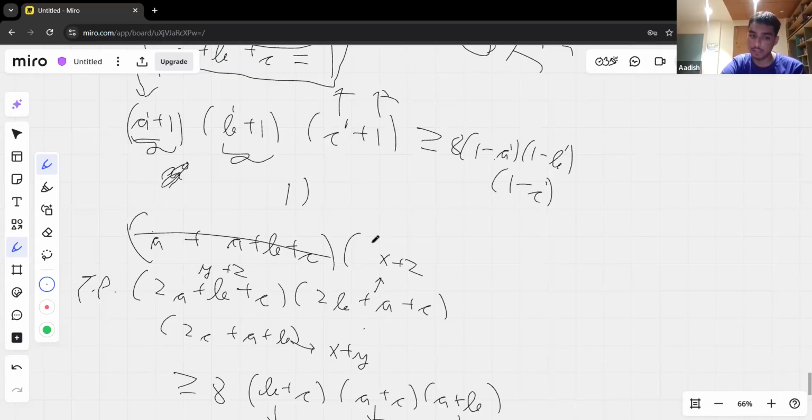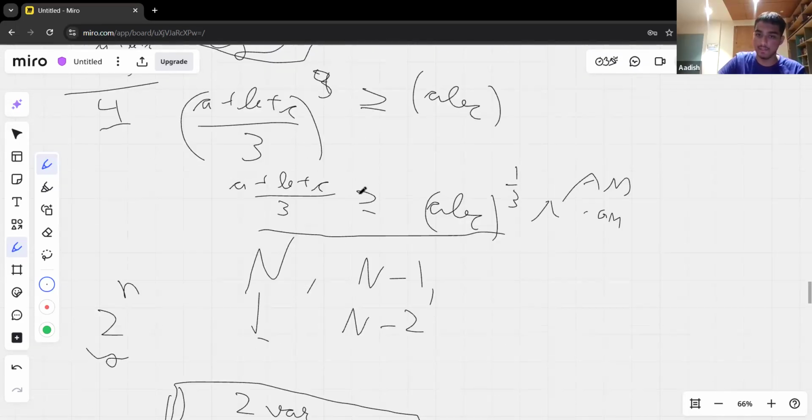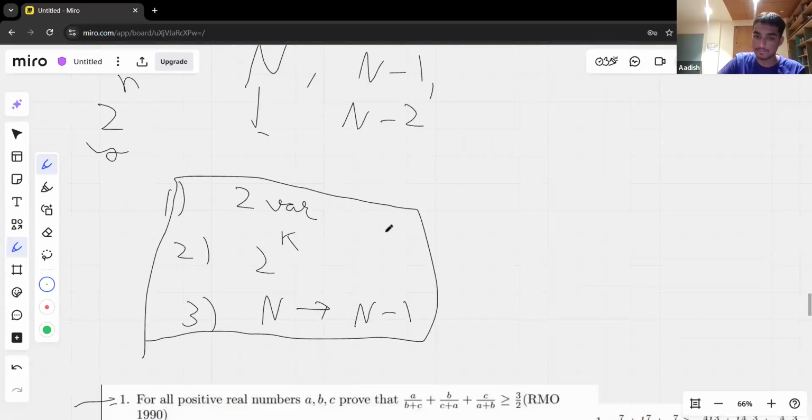And the nice thing about this inequality is it's completely symmetric, right? So you want to be able to use that symmetry because AMGM is also a very symmetric inequality. There is nothing different about A, B, and C, right?